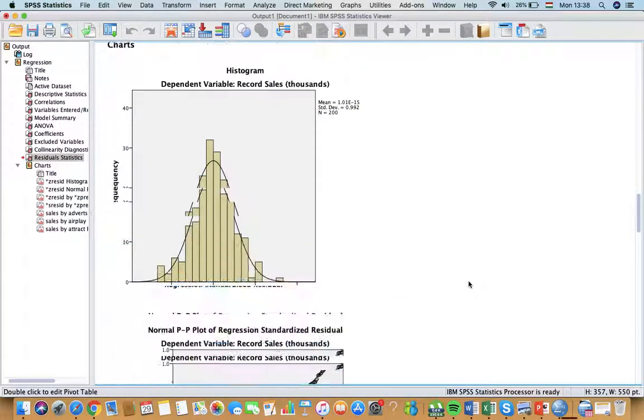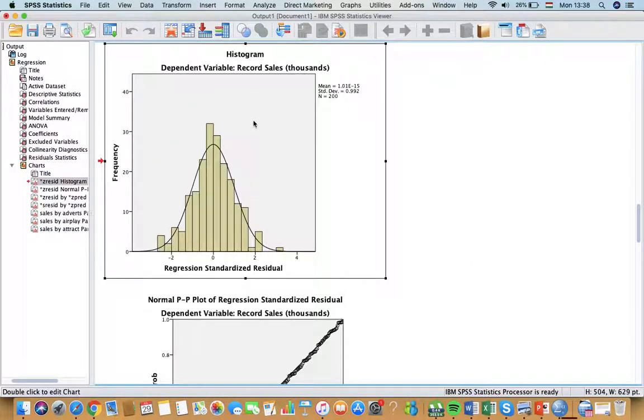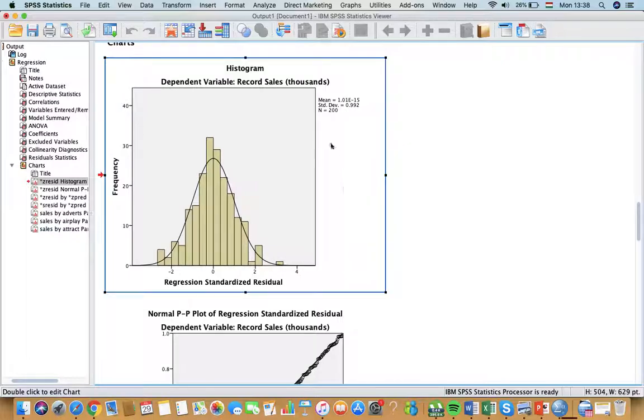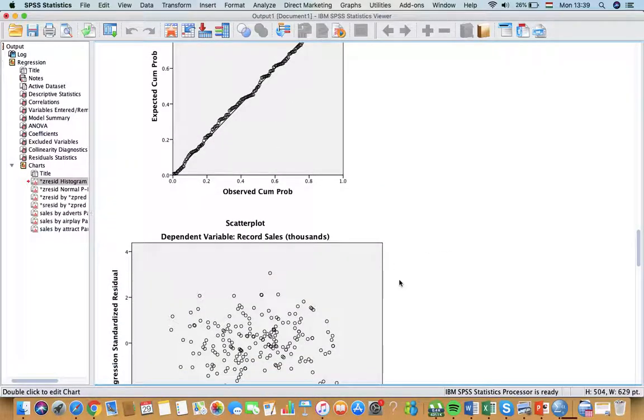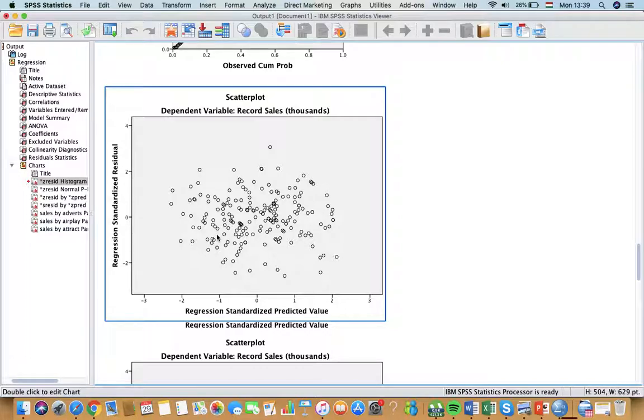And finally, we would like to see normal distributions here. The dependent variable is normally distributed, as you can see by both figures. And this is homoscedasticity, which means that these data points should be dispersed around 0.